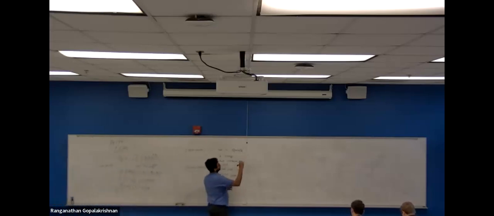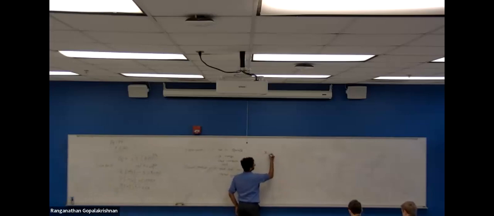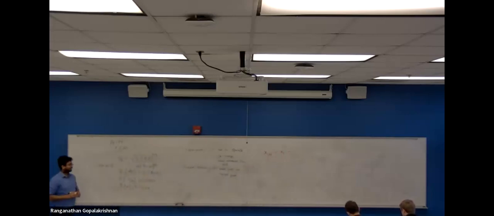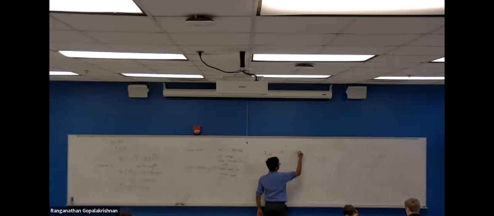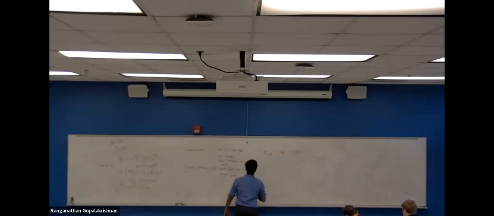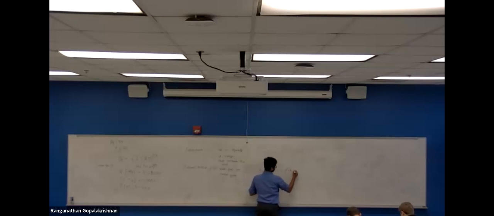I'll write x i plus 1 equal to x i minus f of x i, and I'll write this next to the secant: x i plus 1 equal to x i minus f of x i multiplied by x i minus x i minus 1 divided by f of x i minus f of x i minus 1. Yeah, that's correct.